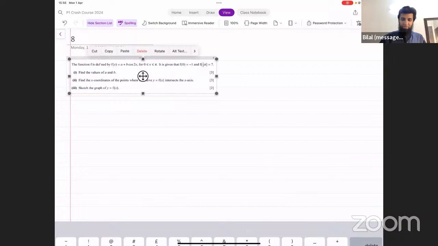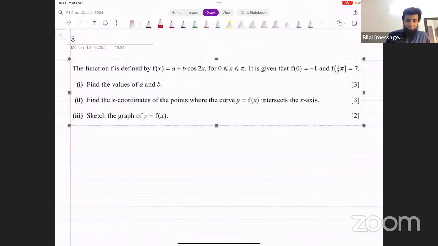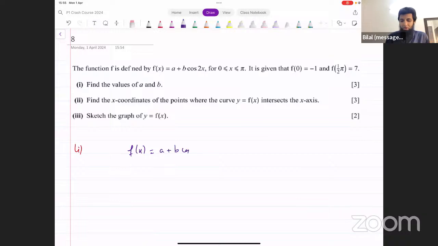Question number 8. Let's try this. It says the function f is defined by f of x equals a plus b cos 2x, and the domain is from 0 to pi. Again, it's radians, keep that in mind.